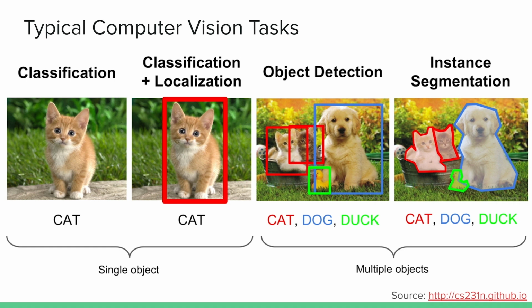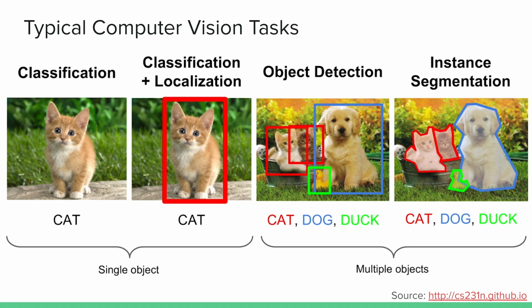We might also want to add some more information to say, okay, what is the object that is appearing in this image and where is it? That will be localization, like classification and localization. And if we have multiple objects, we can go one step further and say, okay, well, there are multiple things in this image. Please tell me what they are and where they are. This would be called object detection.